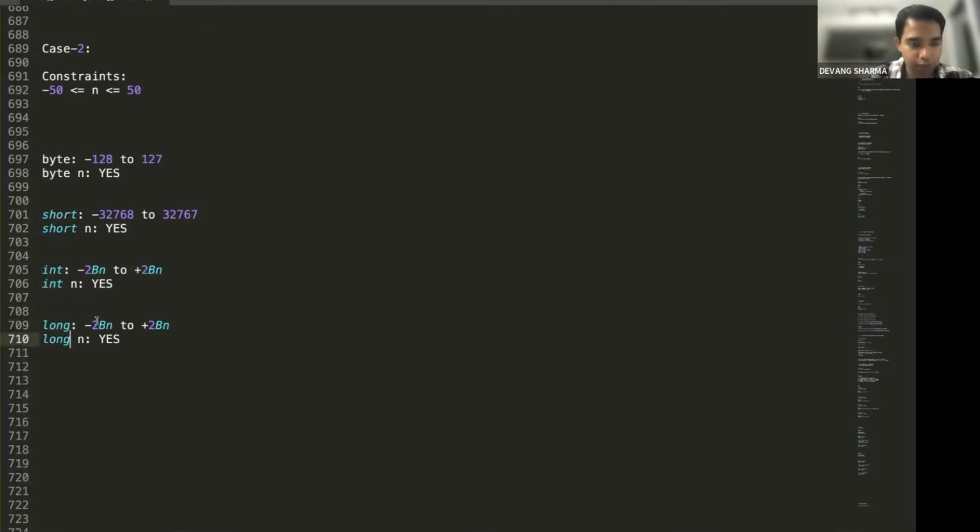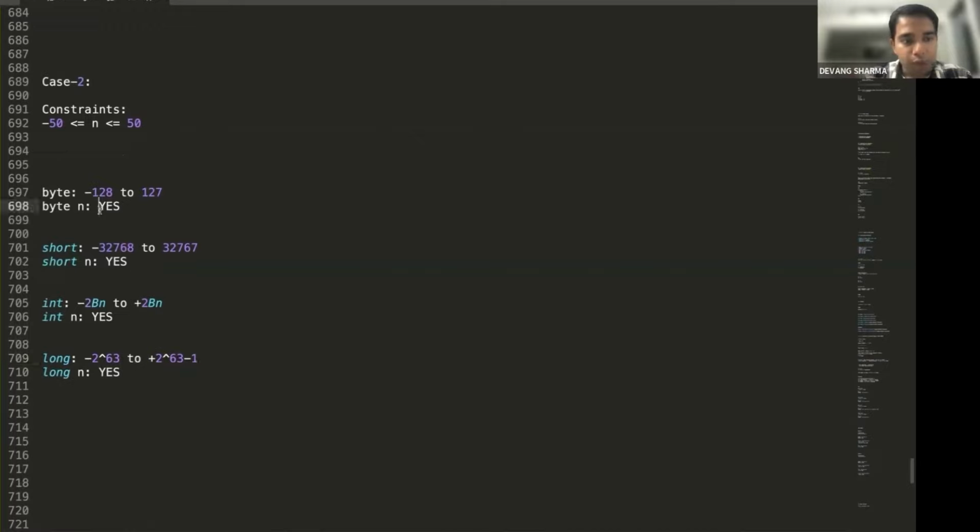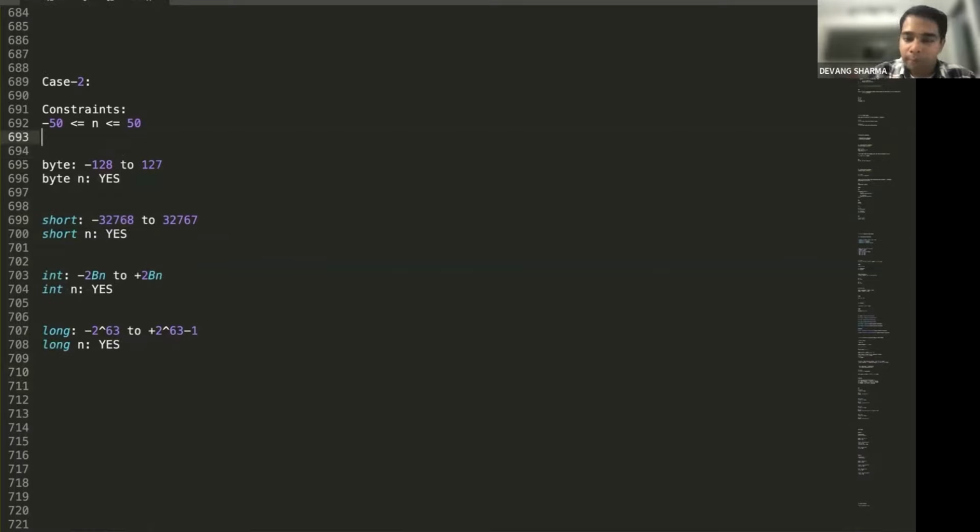But something important to notice here: this will also satisfy, this will also satisfy, this will also satisfy. I cannot make it byte and short and integer and long.